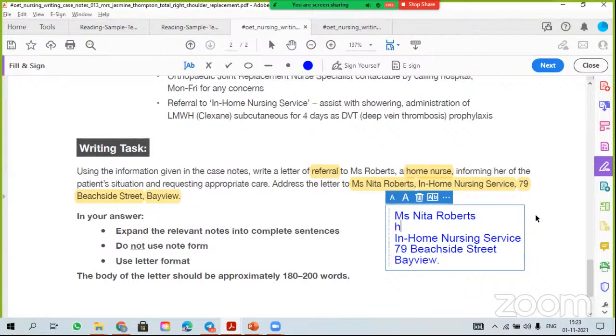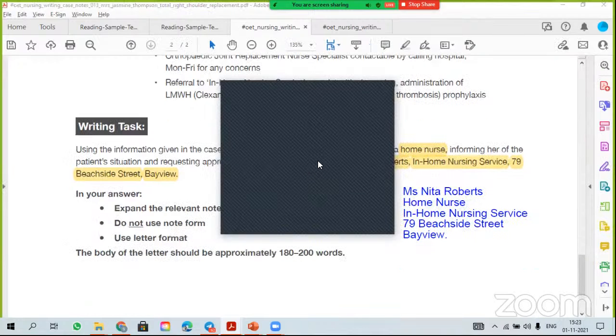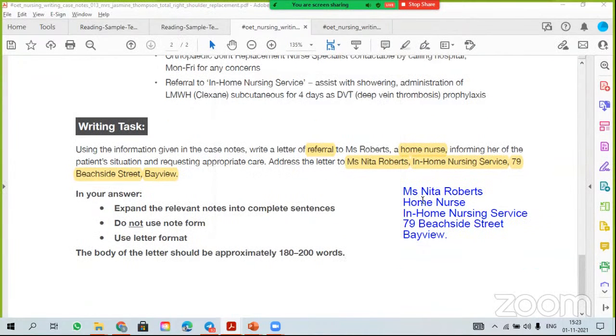So you have to take from the previous line. Yes, see here, Miss Neeta Roberts from here, home nurse from here, in-home nursing service from here, 79 Beachside Street, Bayview. So a 5-line address is there. This is how you have to develop the address.